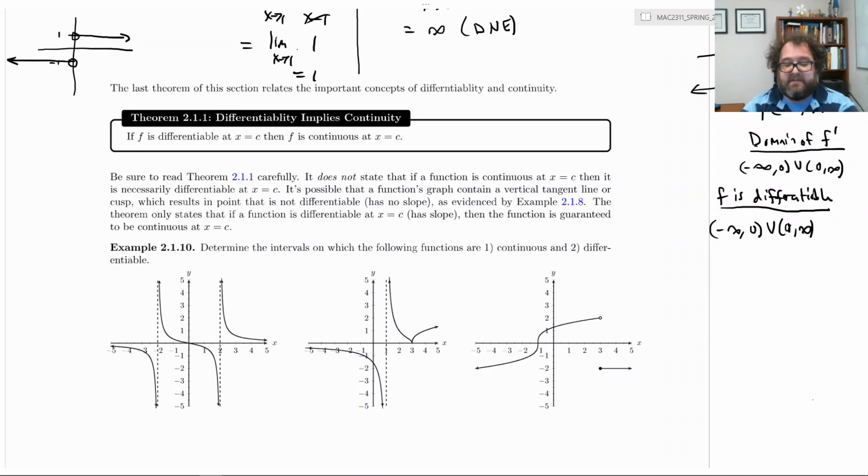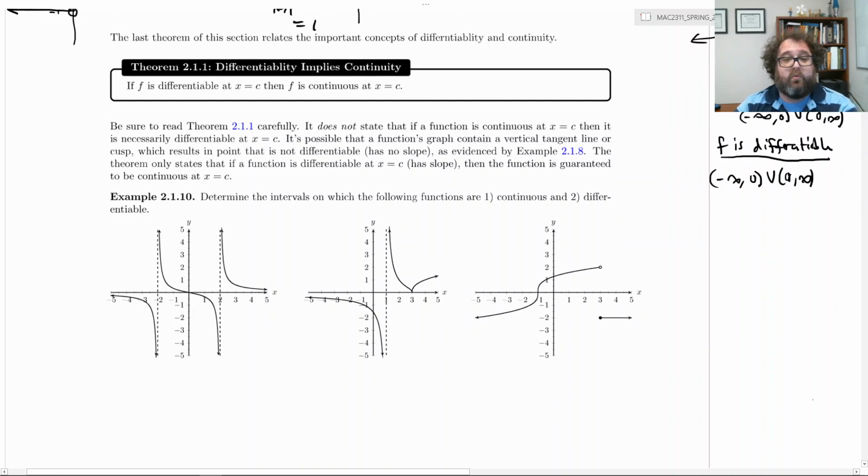So let's look at these few quick graphs here. Again, what theorem 2.11 says is if a function is differentiable at x equals c, then it's continuous at x equals c. But the opposite, the converse, is not true. Just because it is continuous does not imply it's differentiable.